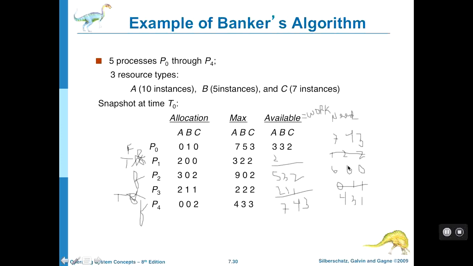So now it looks as if we can actually pick any of these to finish. It looks like this one will finish, this one will finish, and this one will finish. And you should actually go through all of the numbers and make sure that it works. But what will happen is we will actually be able to set all of these to true. So the system is, in fact, currently in a safe state.